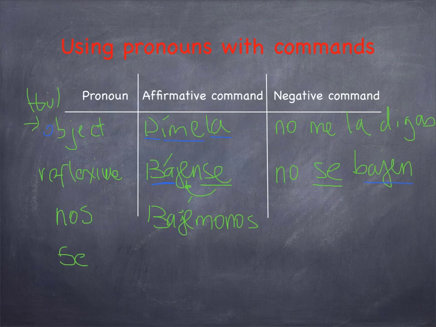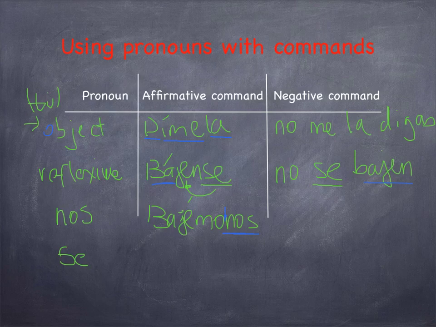If I were to say let's go down, we would simply say bajemos. There's an S here, right? But once I'm adding the pronoun nos, that S disappears and it becomes one word, bajémonos.